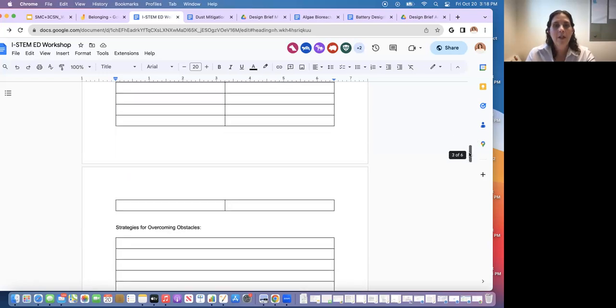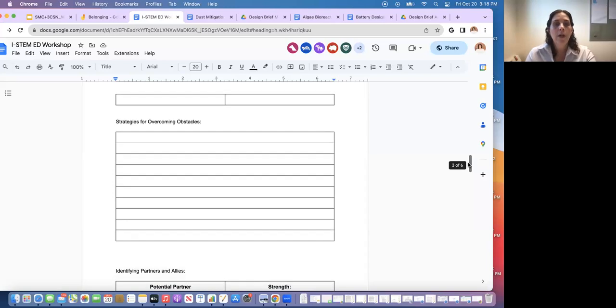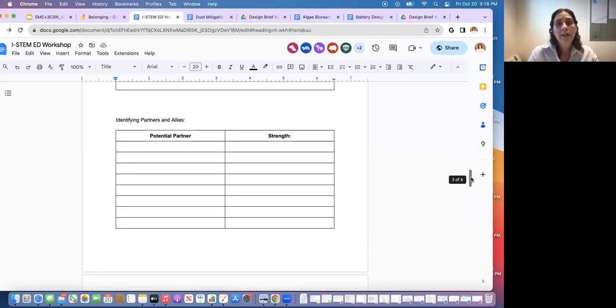Another consideration is to brainstorm strategies for overcoming those obstacles, as well as identifying partners and allies. Do you have any fellow colleagues that you can collaborate with on design? Any administrators that might help you to launch something like this for the majors at your campus?